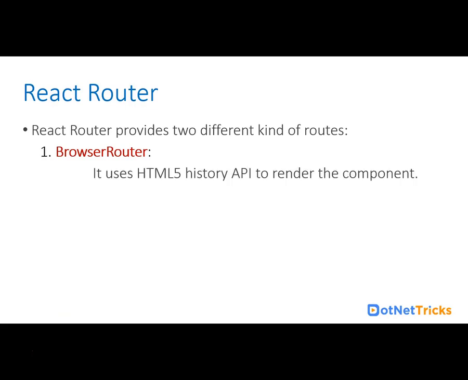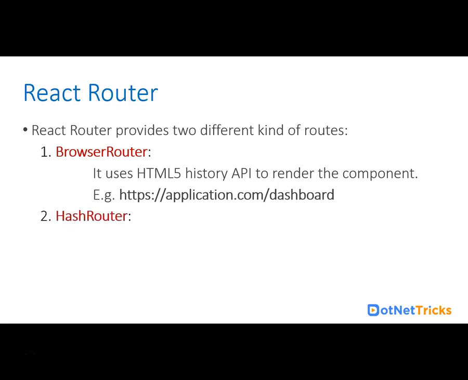Browser router uses the HTML5 history API to render the component. If you are using a dynamic server that handles the dynamic URL, then you need to use the browser router component. In browser router, we write a URL like the domain name followed by the route name.